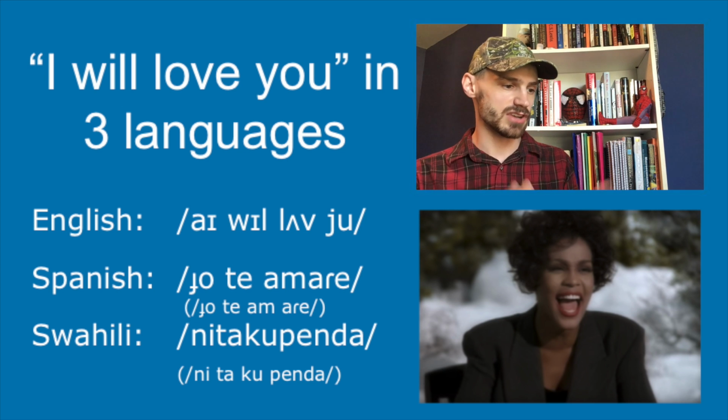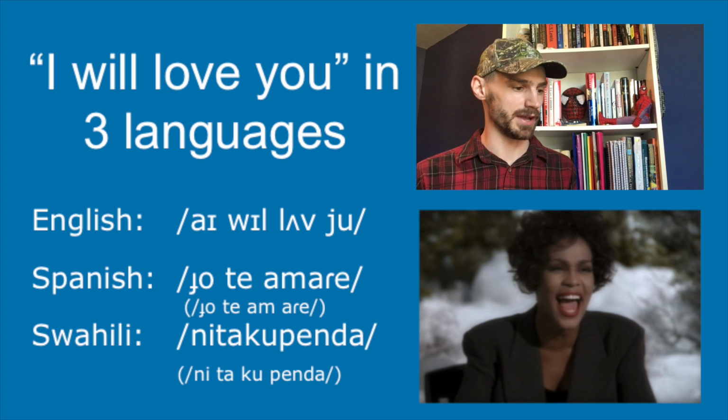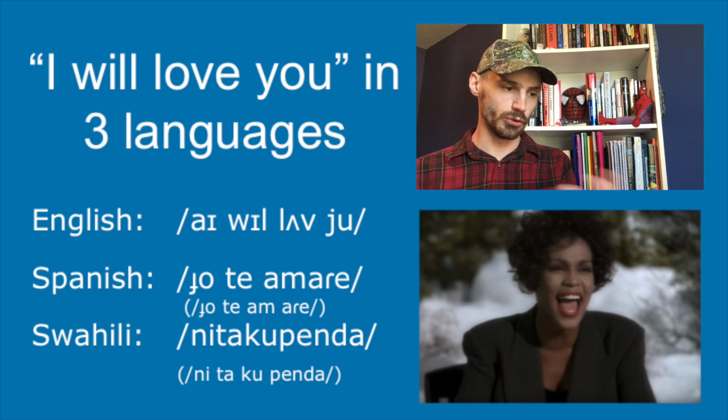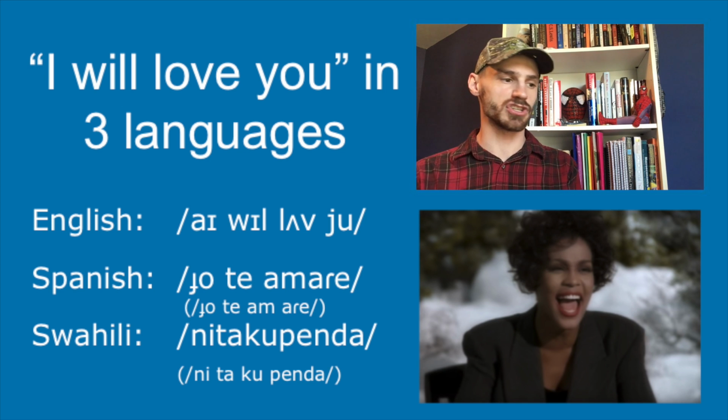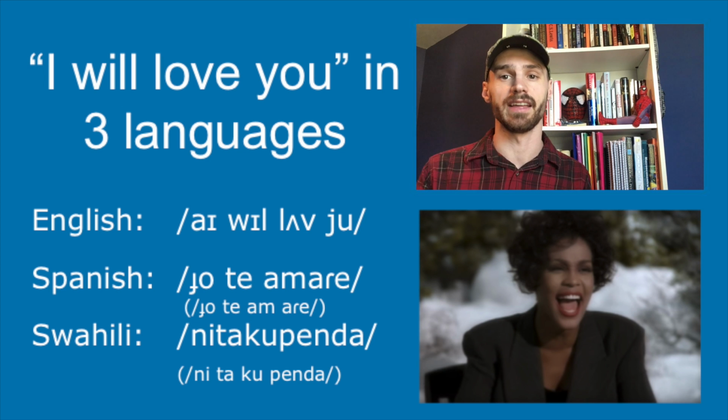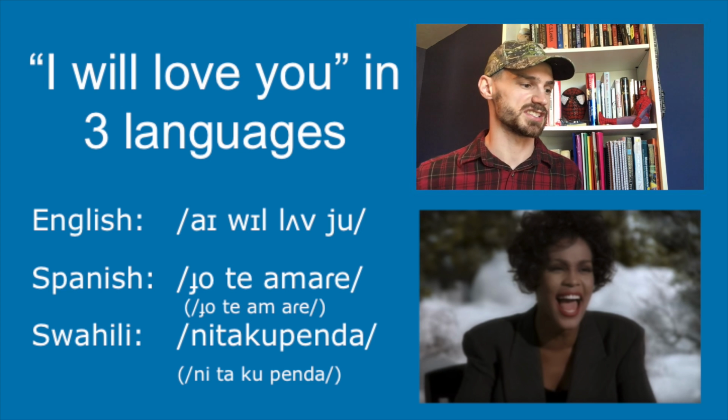Ni, actually, I should have included the glosses on this slide, but I'm assuming ni is I, ta, ku, one of those is future tense, one of those is love, and one of them means you. So they still have the same 4 basic units of meaning that are required to express this sentence.